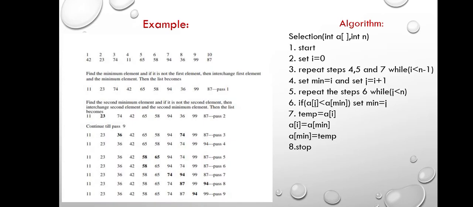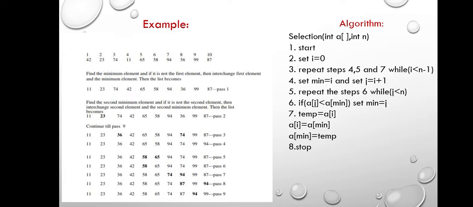Example for selection sort: finding the minimum element. If it is not the first element, then interchange the first element and the minimum element, then the list becomes 11 23 74 42 65 58 78 36 99 87, pass 1.